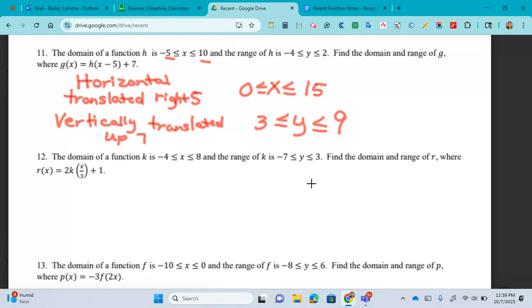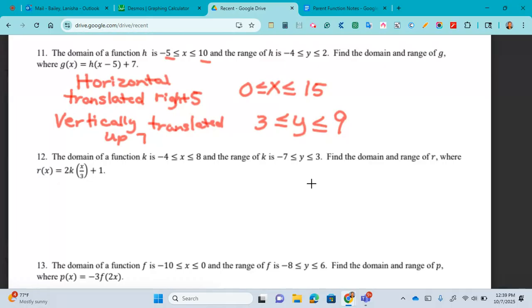All right. Let's do it again. All right. The domain of the function is -4, 8. Range is -7, 3. Find the domain and range. And let's see which one affects which. Now that 2, is that going to affect my domain or my range?